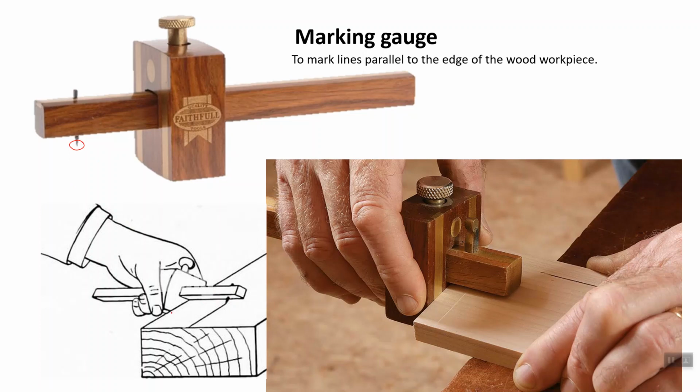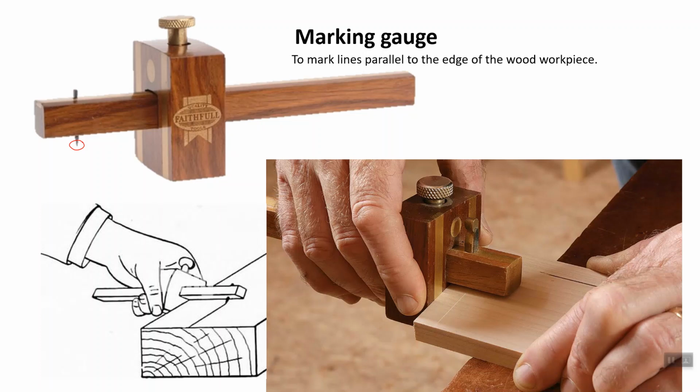When you rub the marking gauge along one edge, it will make a parallel line to the edge. You can see the scratch in the picture here. So it is used to mark lines parallel to one edge onto wood only.